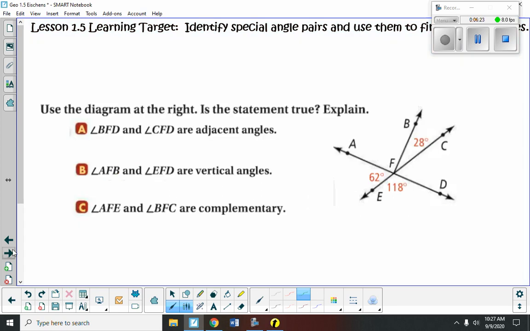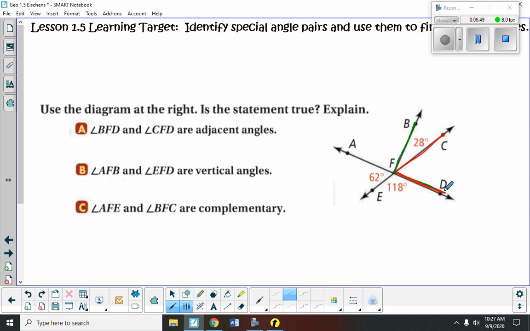Next one says, use the diagram at the right. Is the statement true? Explain. Angle BFD and angle CFD are adjacent angles. We have to decide if it's true. So angle BFD, from B to F to D, and angle CFD, from C to F to D. Okay, are they adjacent?